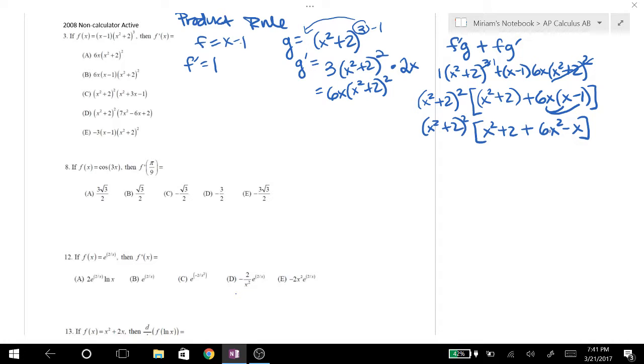Ooh, I made a little mistake here. 6x times 1 will be minus 6x. Okay, forgot the 6. All right, let's get back on track. Combine the like terms. 7x squared for these two. No other like terms, so I'm going to put minus 6x plus 2. I'm going to pause, and I see that in my multiple choice option D.